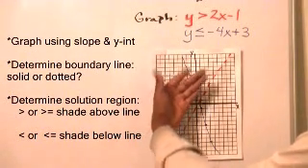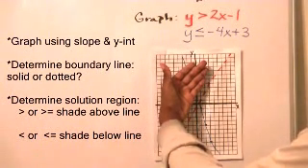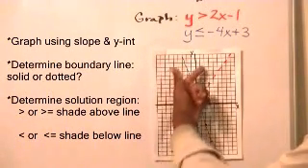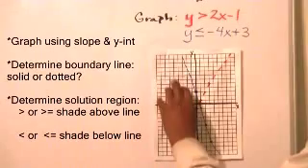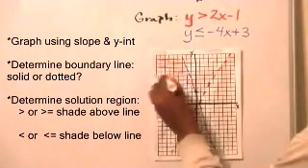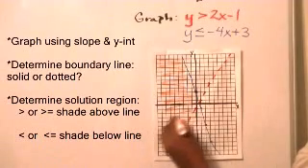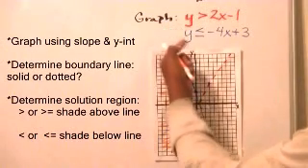My blue line is less than or equal to, which means I have to shade underneath the blue line. So out of the two areas, which one is under the blue? That will be this area right here. So this is where you shade. This is the solution region that satisfies both inequalities.